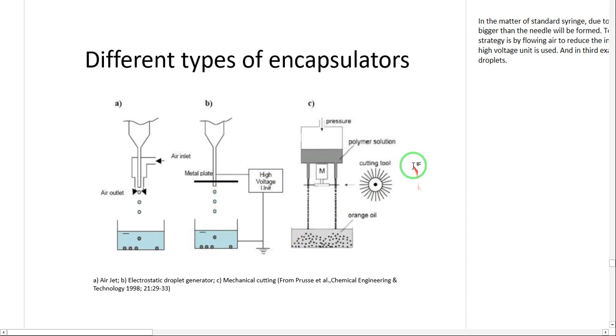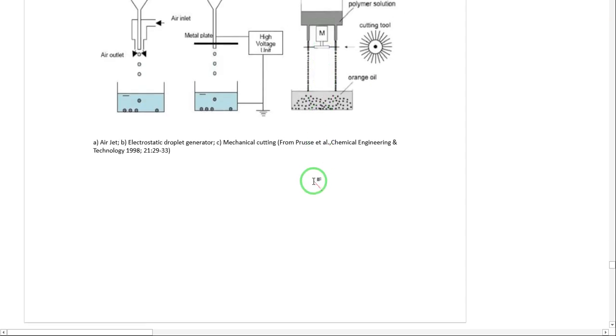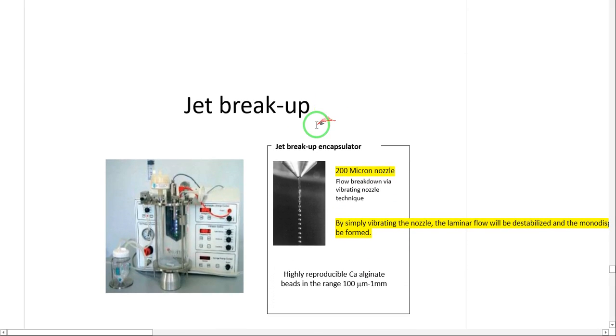And in another strategy, a sort of cutting tool can be used to cut the droplets when they are coming out of the needle, so that their size is decreased. Let's continue with this machine.